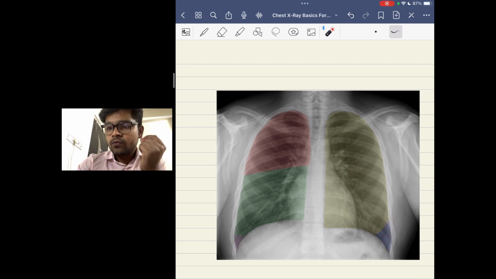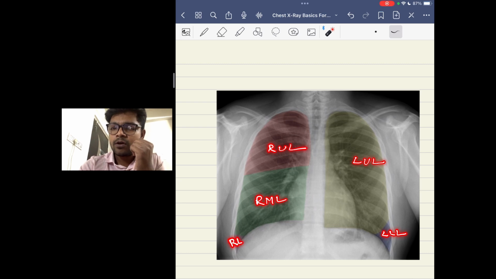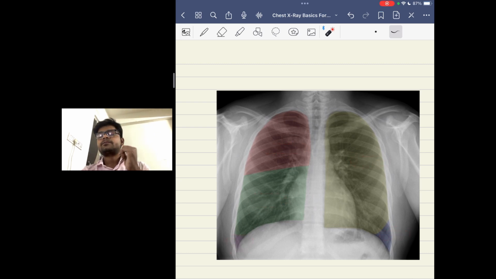Predominantly, there are two fissures on the right, that is the horizontal fissure and the oblique fissure, dividing into three lobes of the right lung. And there is only an oblique fissure here, but no horizontal fissure. So there are the left upper lobe and left lower lobe. This is the right middle lobe and right upper lobe, and this is a small part of the right lower lobe.